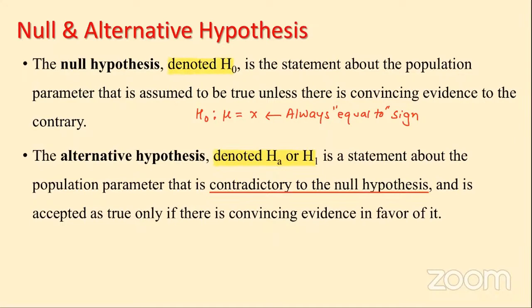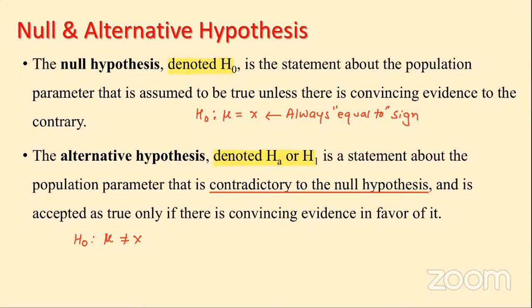Let's see. The alternative hypothesis, H sub A, can be population mean not equal to x. That is the opposite of that. If here we say that mean is equal to x, x can be 10, x can be 12, x can be any number here, right? The alternative hypothesis will be mean is not equal to x. That is one possibility.